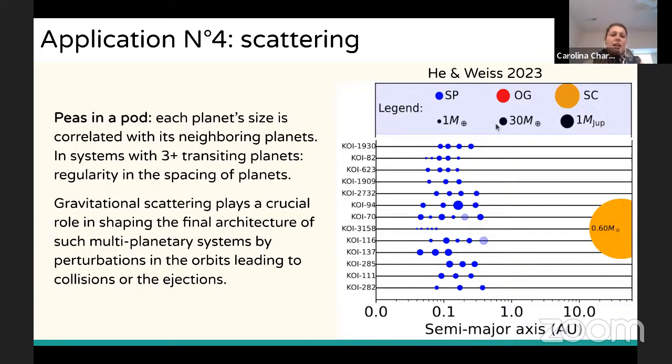And so if we have a system that is not following this pattern, we can ask ourselves what happened to that system. This is what we did for one of the systems, because gravitational scattering can modify the final architecture of a system.